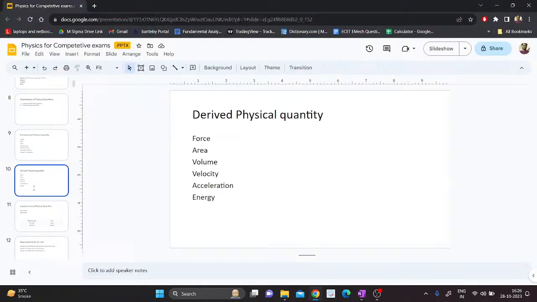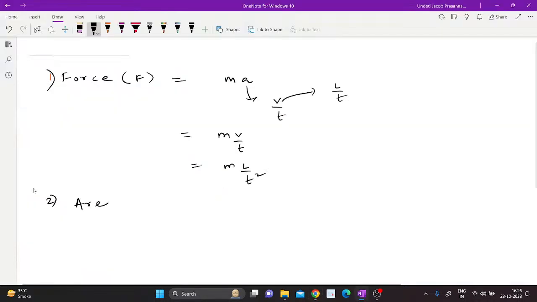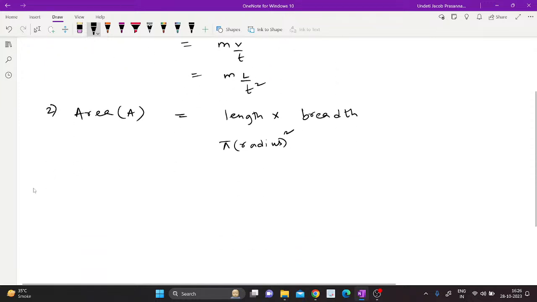Similarly, you can take area. For a rectangle, the area formula is length into breadth. For a circle it is pi into radius square. You can take any shape. The surface area of a sphere is 4 pi radius square.